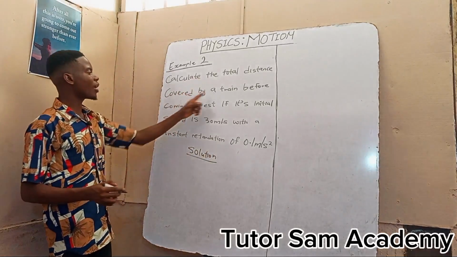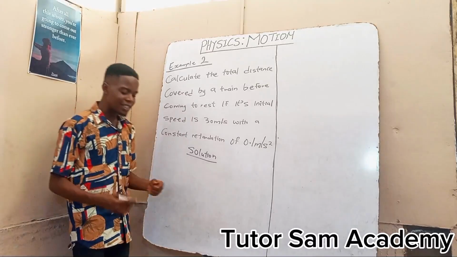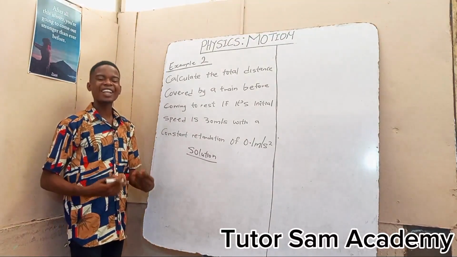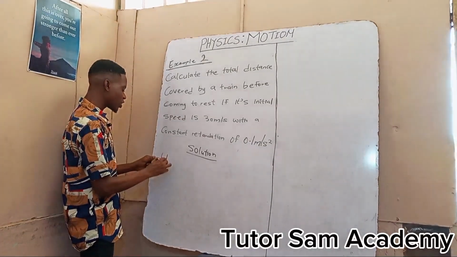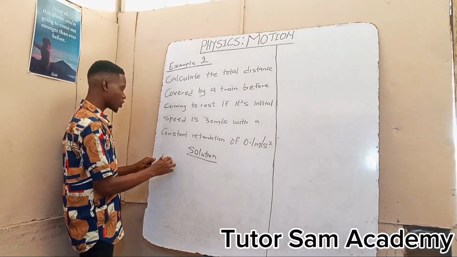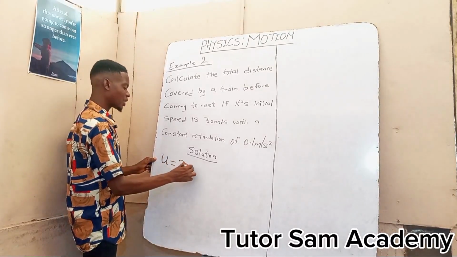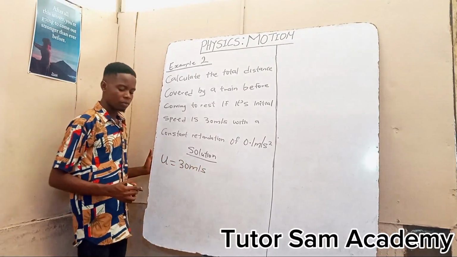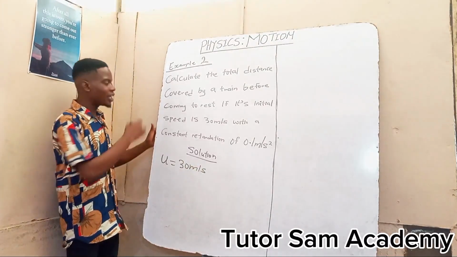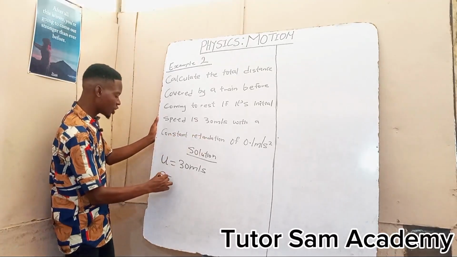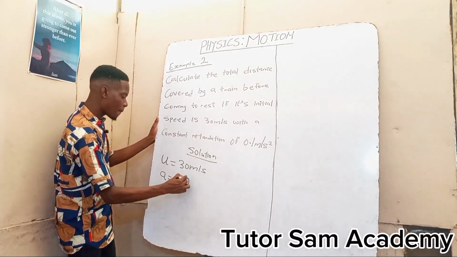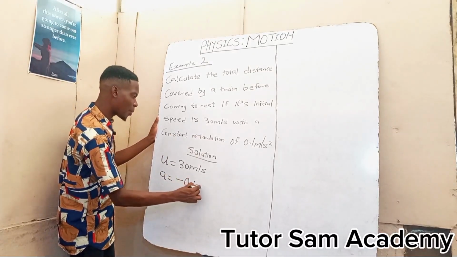The total distance covered by a train before coming to rest. The train has a velocity before coming to rest, so the initial velocity is 30 meters per second. With a constant retardation, that is negative acceleration, so A is minus 0.1 meter per second square.